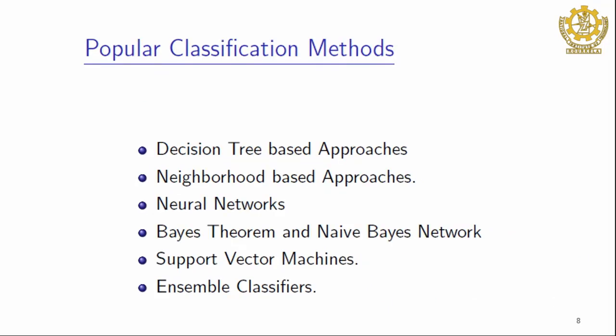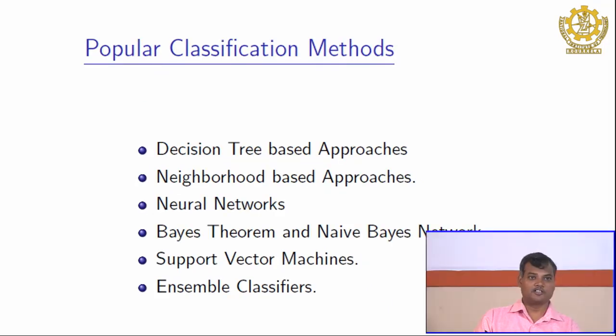Now we will talk about a few classification techniques. One popular approach is the decision tree, which we will talk about a little later. Then we have the neighborhood based approach, which we will also cover in this class. Deep learning is very popular nowadays, and the basis of deep learning is the neural network.